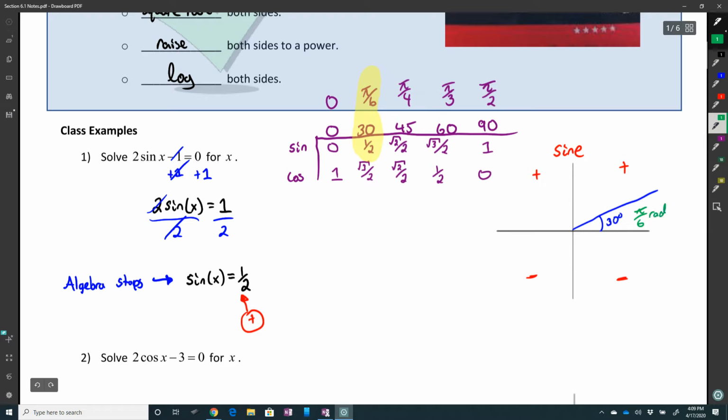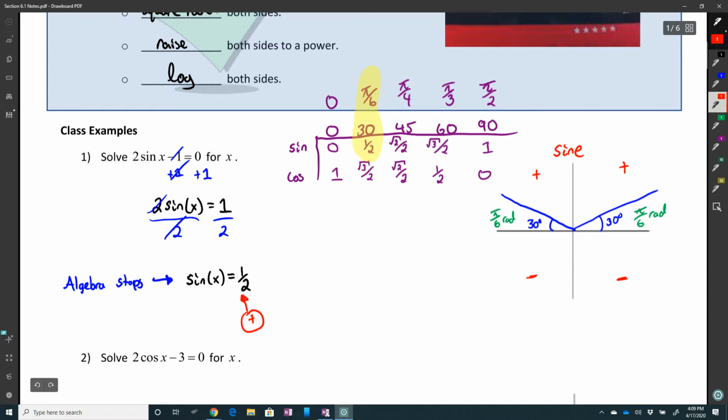Depends on the problem that you're working on. But sine's positive in 2 locations. So not just there, but over here too. And again, that's also pi over 6 radians.